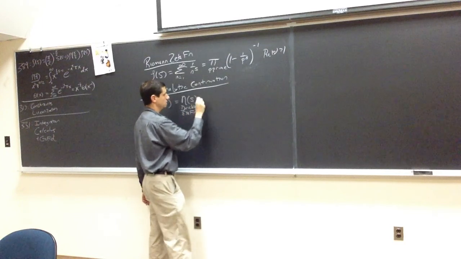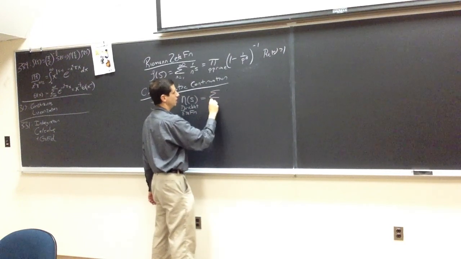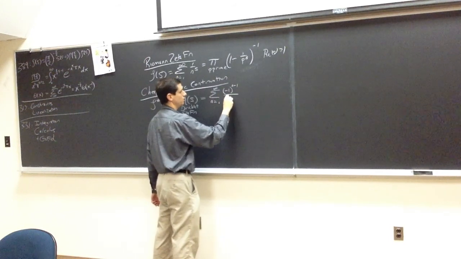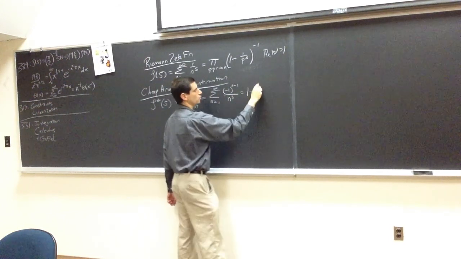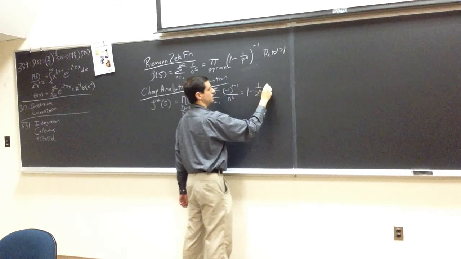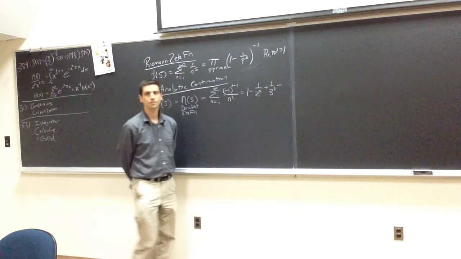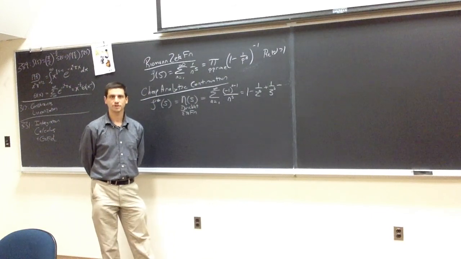And this is the sum, n goes from 1 to infinity, of (-1)^(n-1) over n to the s. So it's 1 minus 1 over 2 to the s plus 1 over 3 to the s minus and so on. What's nice about this function?